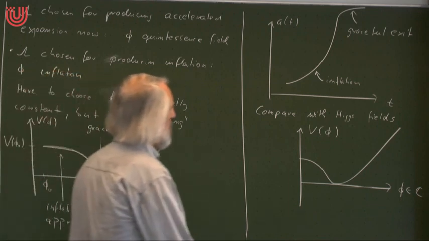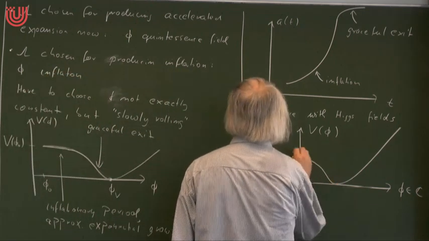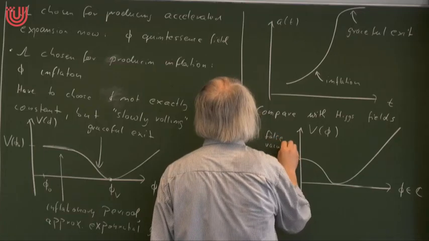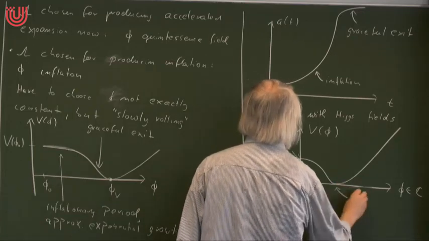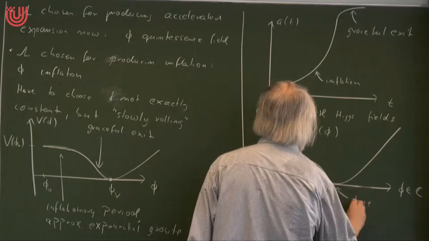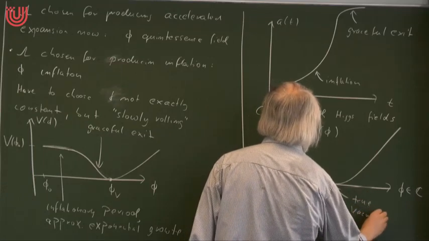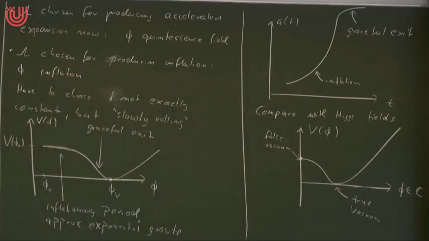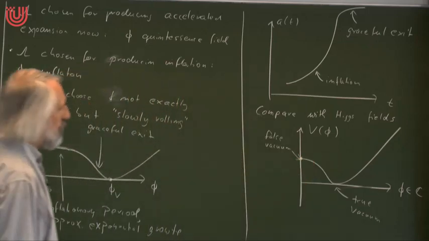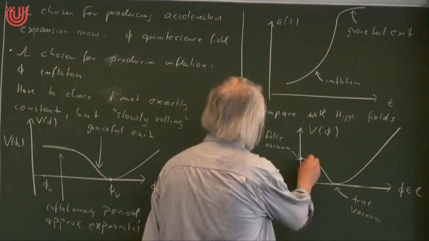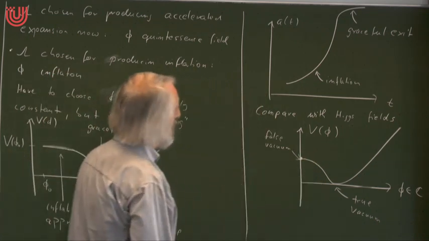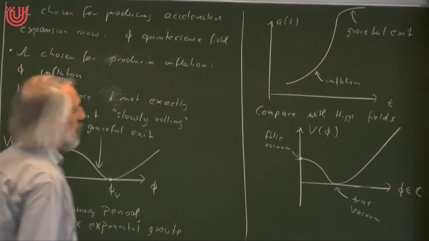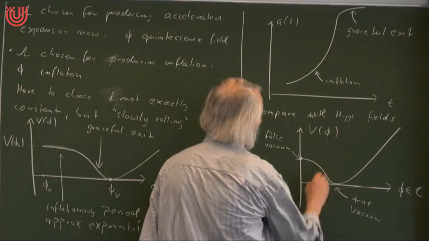And what the Higgs field does is it starts here in the so-called false vacuum. And this is the true vacuum. If it starts here, that's an unstable equilibrium. As long as you don't breathe, it will stay there. But if you perturb the system a little bit, then it will roll down this slope.